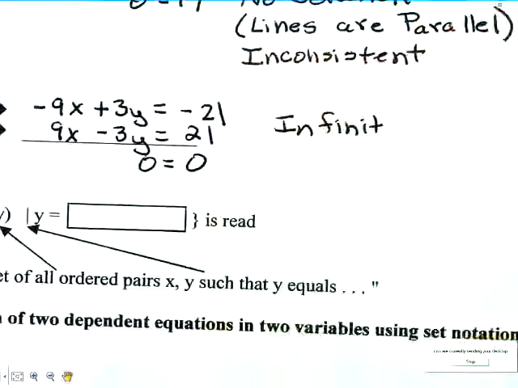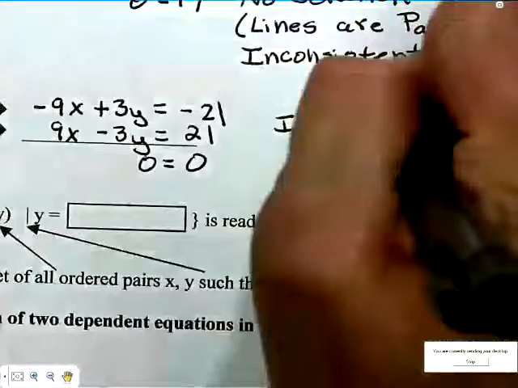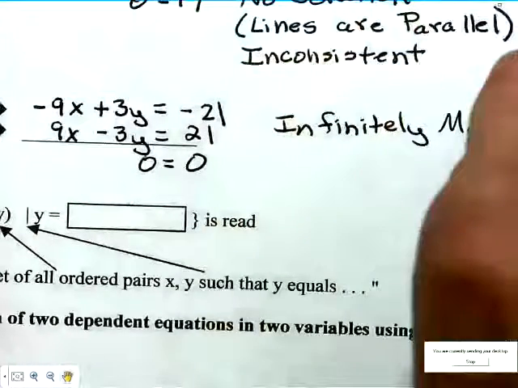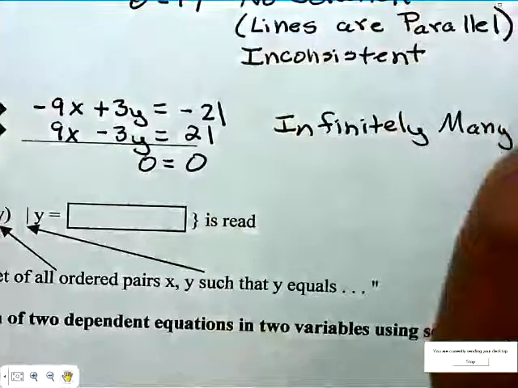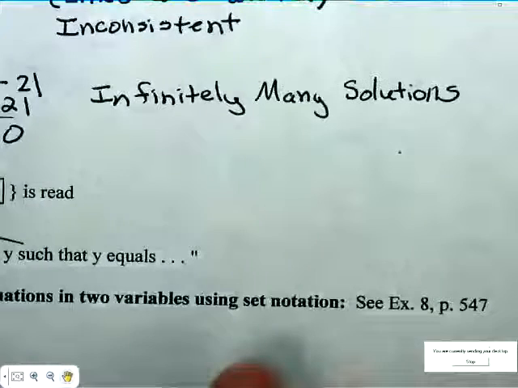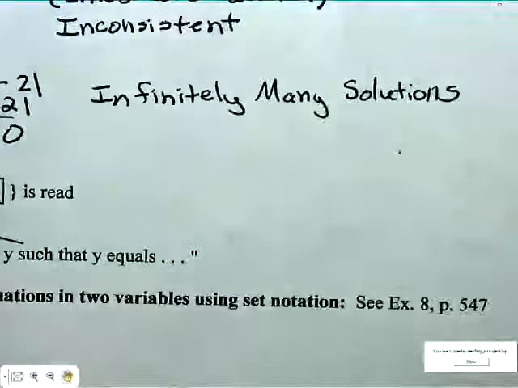No, but let me come back to that in just a minute. Infinitely many solutions. Anything that makes one of them true makes the other one true because if you graph them, what? They're on the same line.